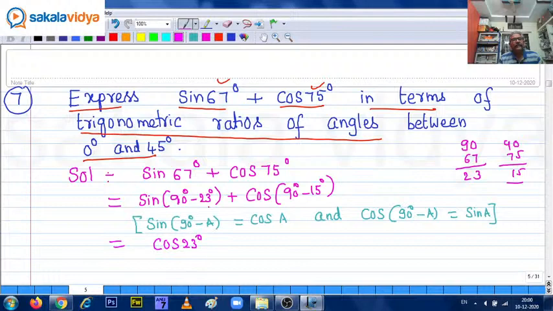Check, 23 lies between 0 and 45. And this can be changed to sin 15 degrees. Hence the desired value has been obtained.